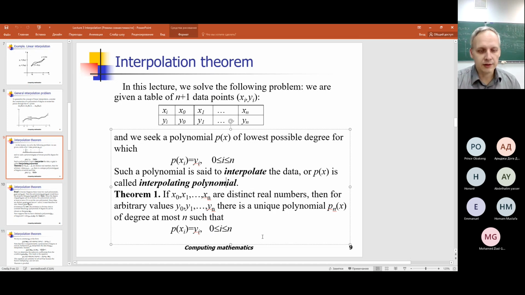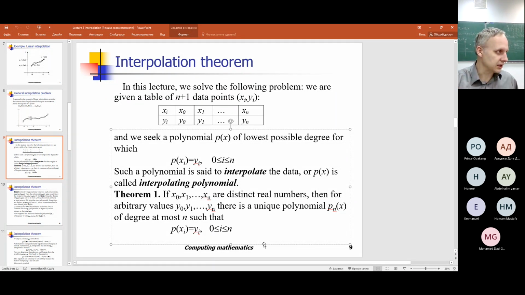And there is a theorem. I'll give you this theorem without proof. The proof is written here, but I skip it this lesson. If x0, x1, ..., xn are distinct real numbers, then for arbitrary values y0, y1, ..., yn, there is a unique polynomial Pn of x of degree at most n, such that P of xi equals yi.